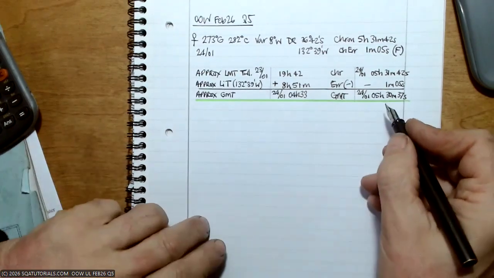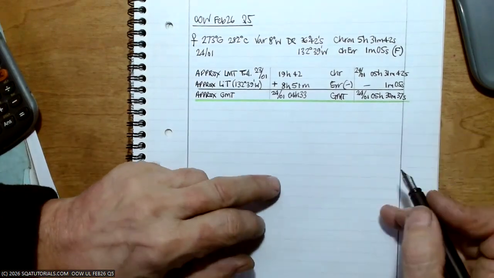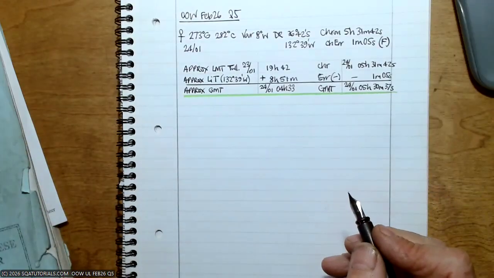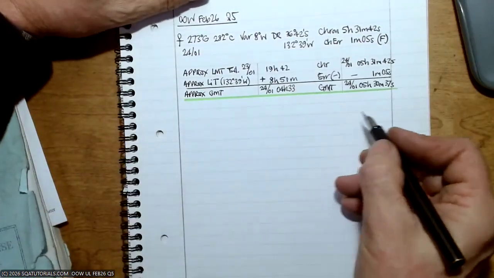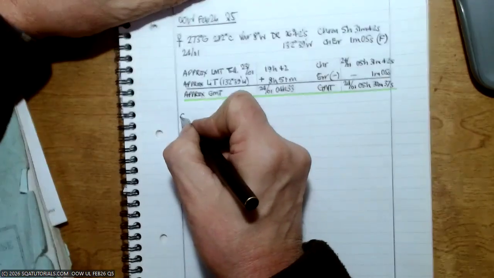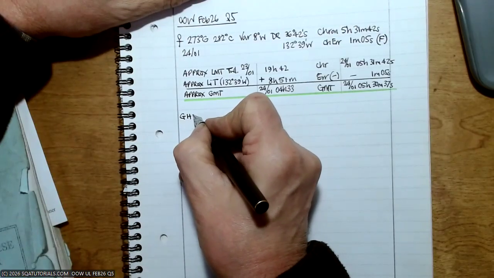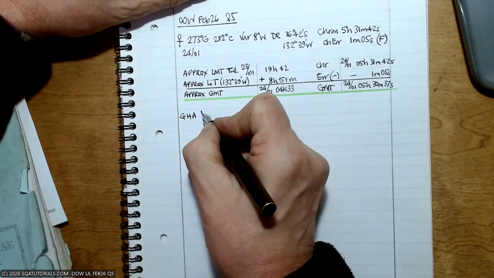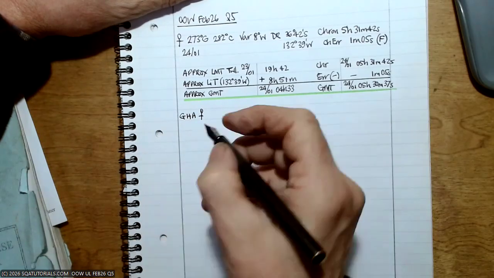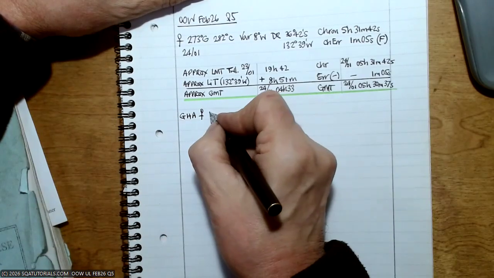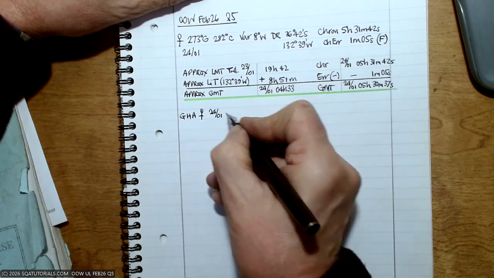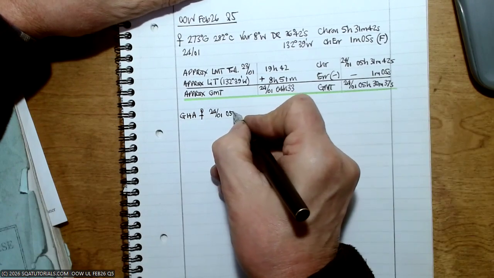So that is the time that I'm going to use now for my calculation. First thing I'm going to do is find the GHA of the planet, which is Venus, for the 24th of the 1st at 05 hours.